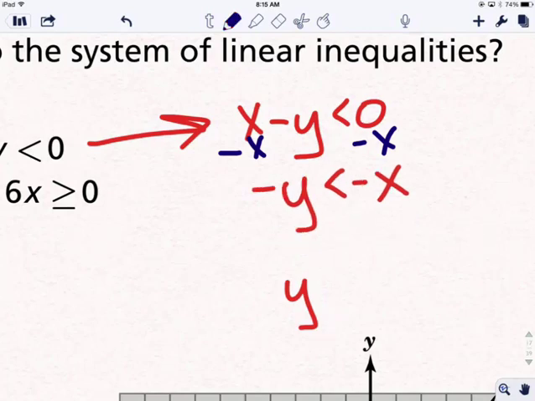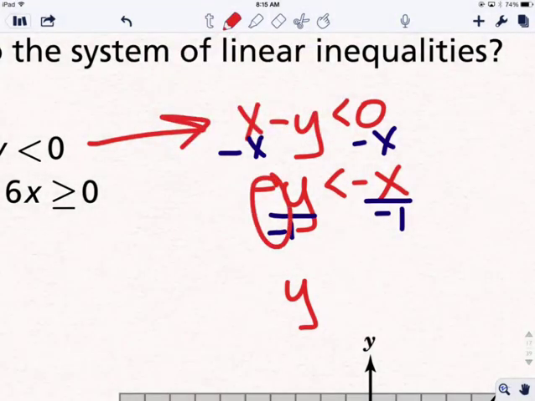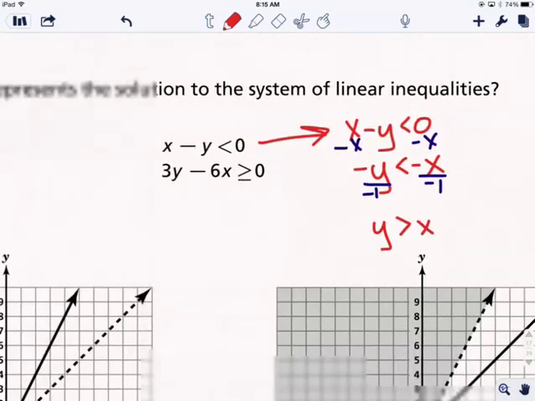Well, in order to do that, we need to divide both sides by -1. Right? That will take off the minus sign right here, and will leave us with y and positive x. But do you remember, what do you do? When you multiply or divide both sides by a negative number, you have to flip the direction of the sign. So y is greater than x.